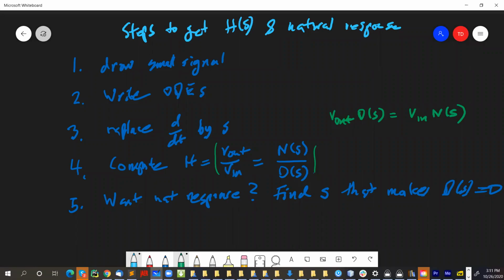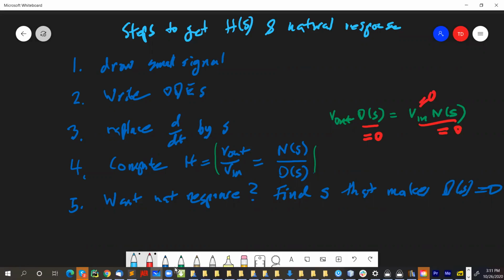In other words, I'm not driving the system with an input signal. So if V in equals 0, then this whole thing over here is equal to 0, right? The only way that can be true is if D of S is equal to 0 for all V out. That's the only possibility, right? It must be that D of S is equal to 0. So then no matter what V out is, this equation will be true.